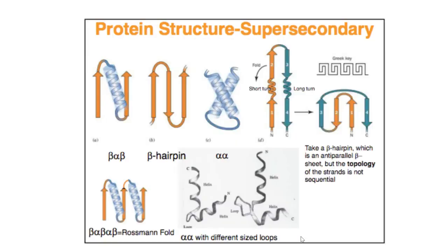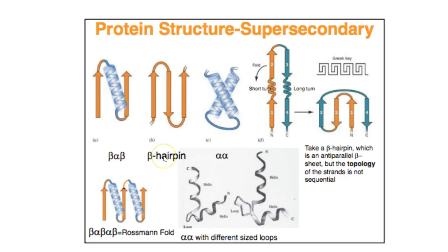Going into seeing them a little bit better as far as examples, you have beta, alpha, beta, which we just had an example of earlier. We have a beta sheet and you have an alpha helix that's connected to another beta sheet. Then you can have the anti-parallel, where you have that head to tail action going on.